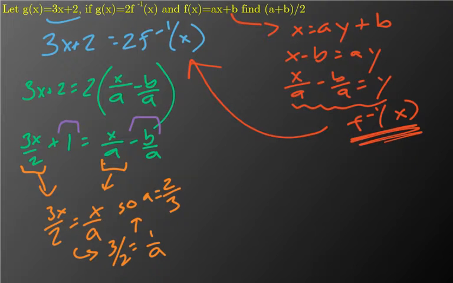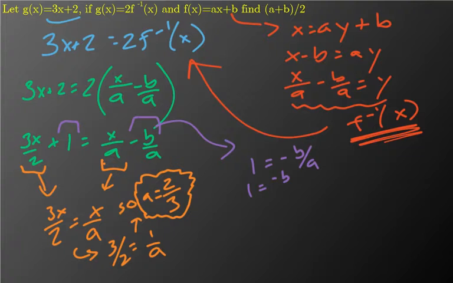So we got a. That's good. So this is going to be one of the things that I really need. And then for the purple stuff, we know that 1 needs to equal negative b over a. But we know a is 2/3, right?